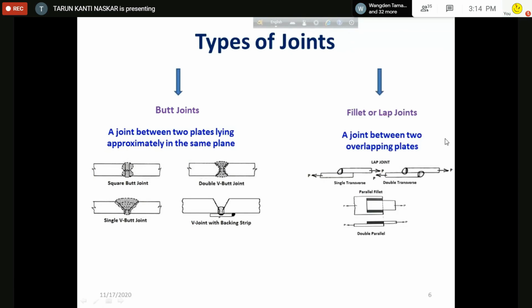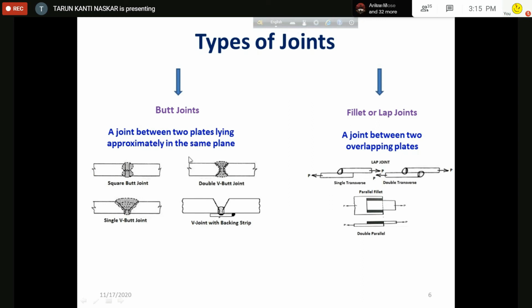Now another one, the lap joint, is called a fillet joint. It is a butt joint, but for lap joint it is called fillet or lap joint: a joint between two overlapping plates. Here two plates are overlapping, and welding is done. This one is single transverse, that means load is applied in this manner, so it is transverse.